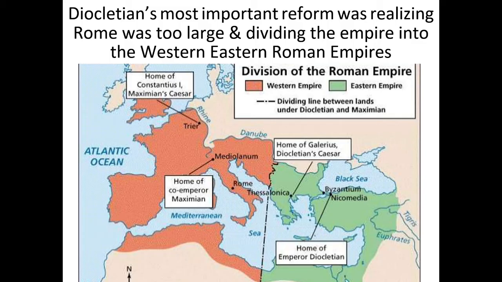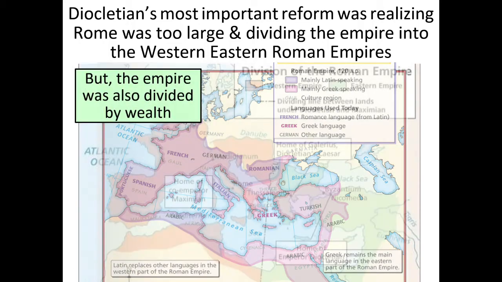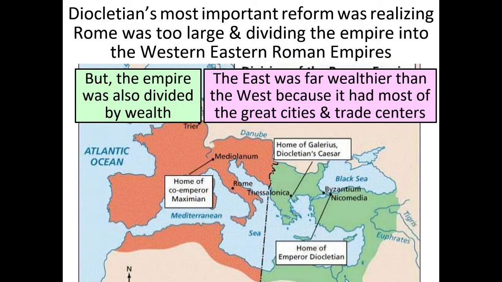So you had an emperor and a Caesar in the East, and an emperor and a Caesar in the West. The empire was divided between Greek-speaking and Latin-speaking halves. However, the empire was also divided by wealth, because the East was far wealthier than the West, because it had the great cities and the great trade centers.